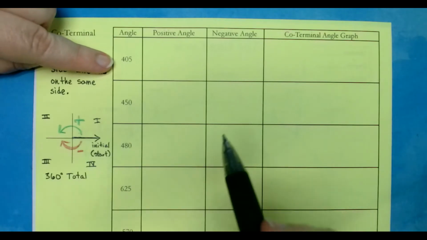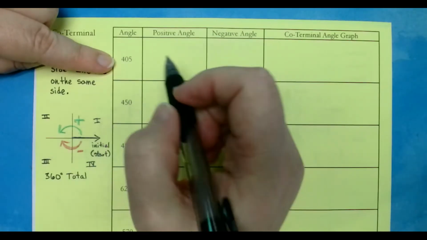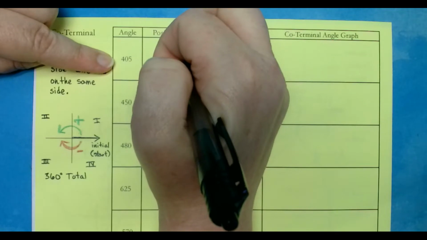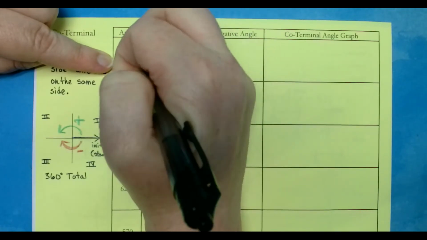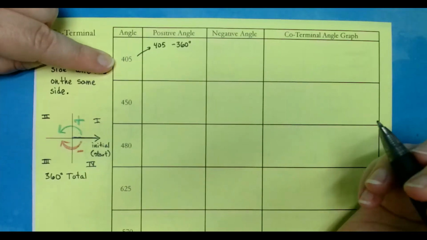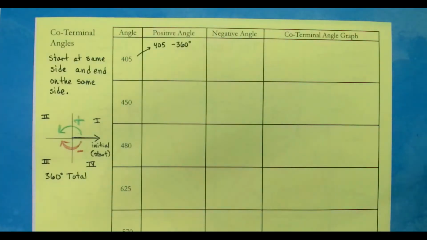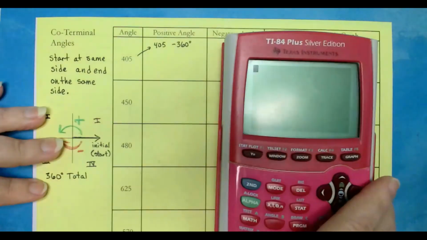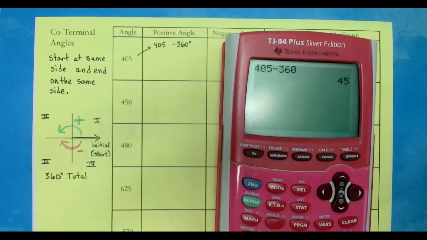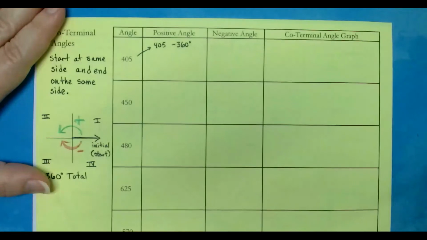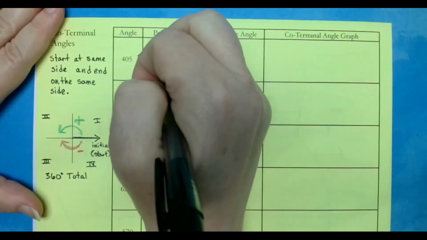The first thing I'm going to have to do is take my 405 and subtract 360 degrees. That's where our handy dandy calculator comes in. 405 minus 360 is 45 degrees. So my positive angle is at 45 degrees.